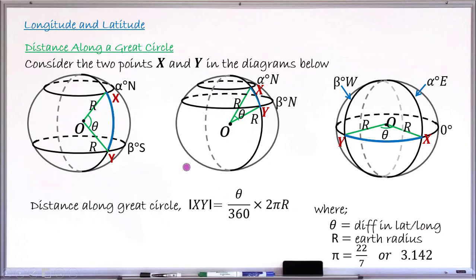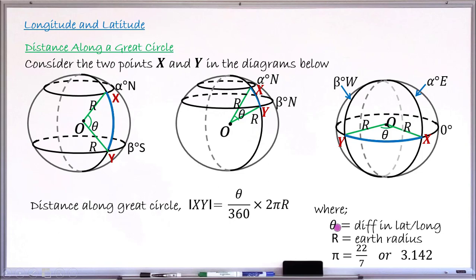In case 1 and 2, that is diagrams 1 and 2, the angle theta will be the difference in latitude. But in the third drawing, the 2 points x and y happen to be on the same latitude. Therefore, the angle theta, the angle subtended by that arc xy at the center of the circle, would be the difference in their longitude, because they have different longitudes in this case.